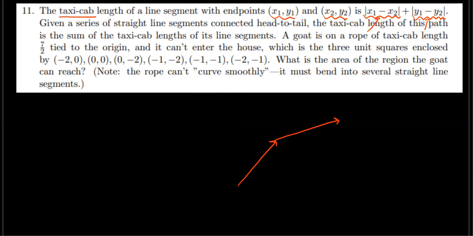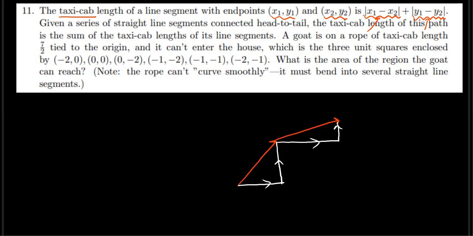So what they are saying is the taxicab length of the path here will be the sum of the taxicab length of each of the line segments, right? So this is how we need to calculate. This is what they are saying. So I'm just reading the second line once again. Given a series of straight line segments connected head to tail, the taxicab length of this path is the sum of the taxicab lengths of its line segments, right?